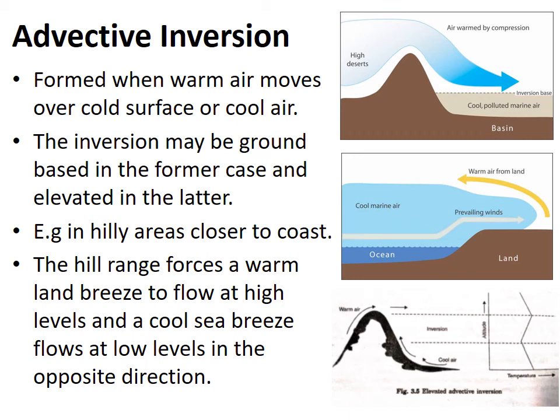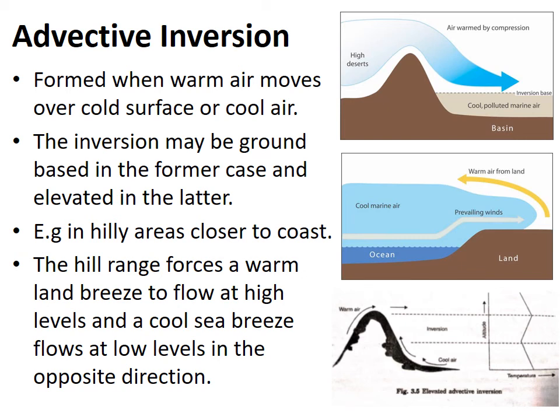On the opposite side, on the right hand side, you can see the cool, polluted marine air moving upwards. So there is an inversion set up, that is, there is warm air at a higher elevation as compared to the cool, polluted marine air at the lower level.